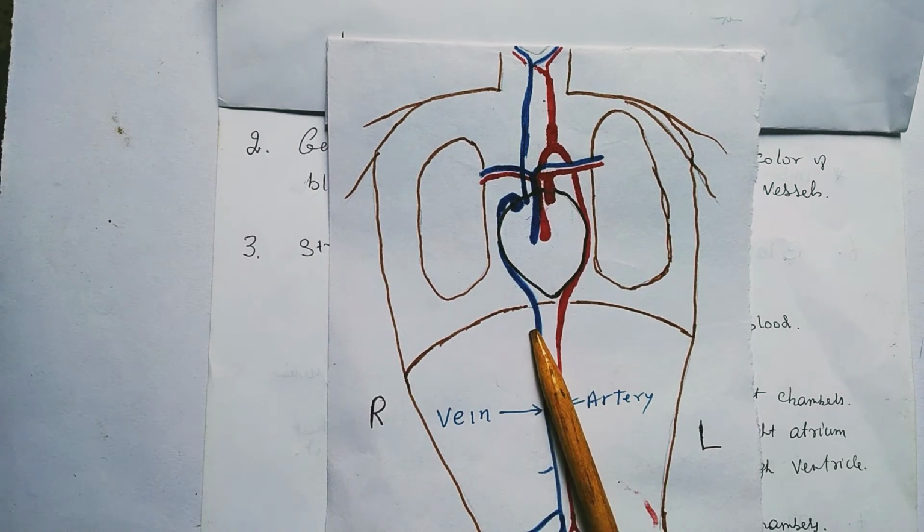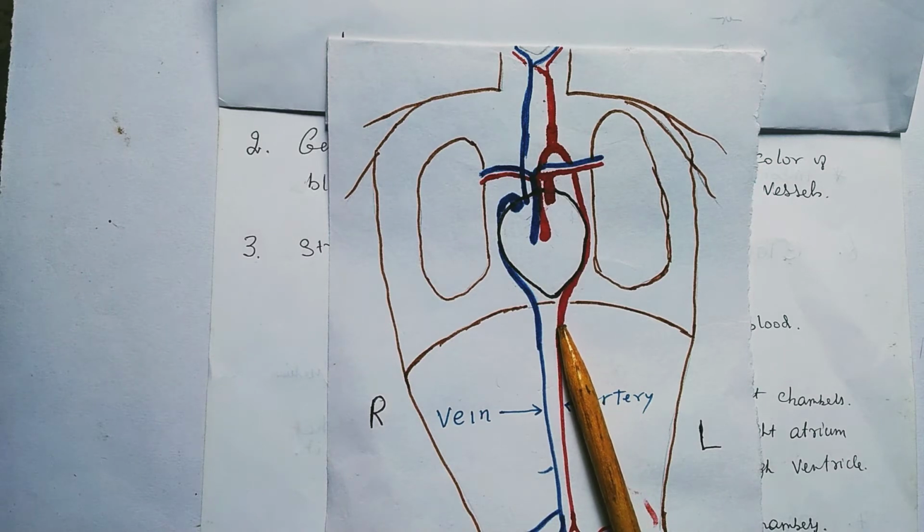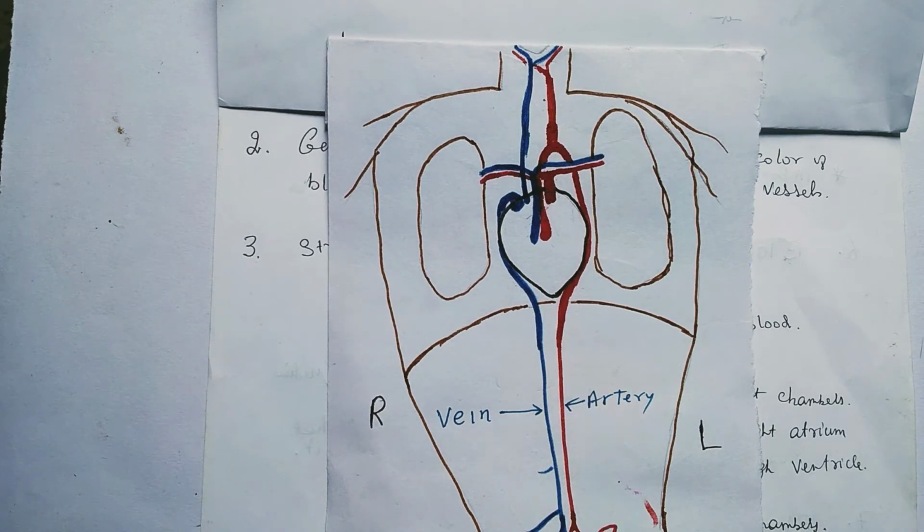Blue means that they contain more carbon dioxide and less oxygen, whereas the red ones mean that these vessels contain blood which is rich in oxygen and less in carbon dioxide.